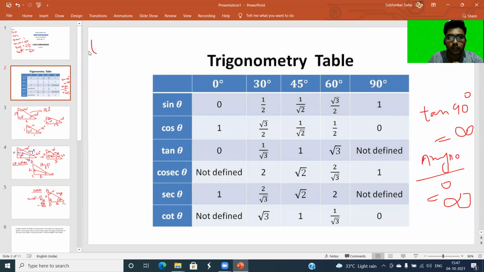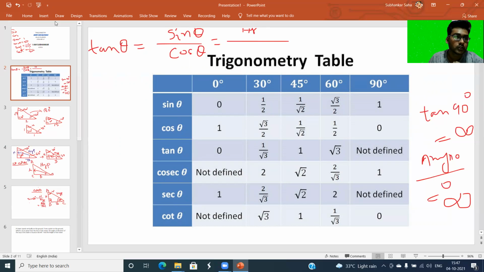We know that tan theta means sin theta by cos theta. How is that?